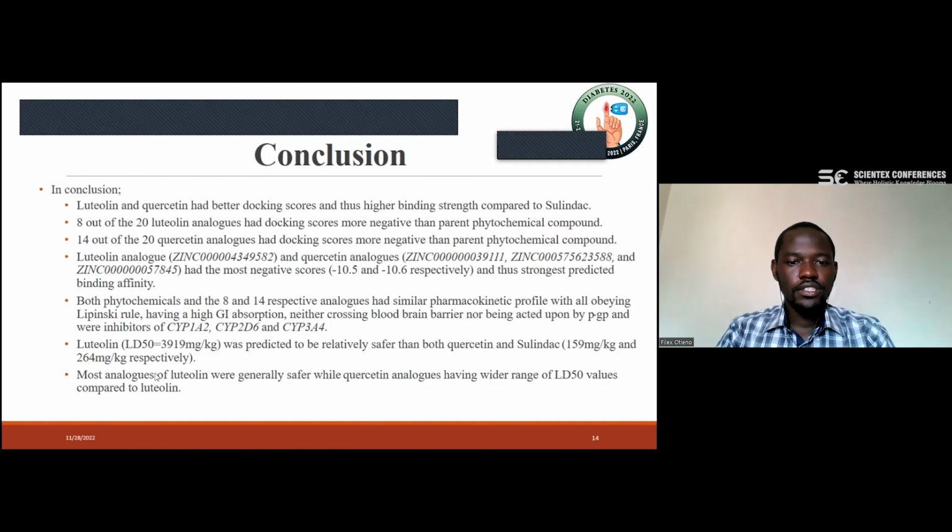Most analogues of luteolin were generally safer, with quercetin analogues having a wider range of LD50 compared to luteolin. So in general, we found 8 luteolin compounds and 14 quercetin compounds that could be further analyzed as potential hit compounds for drug discovery.